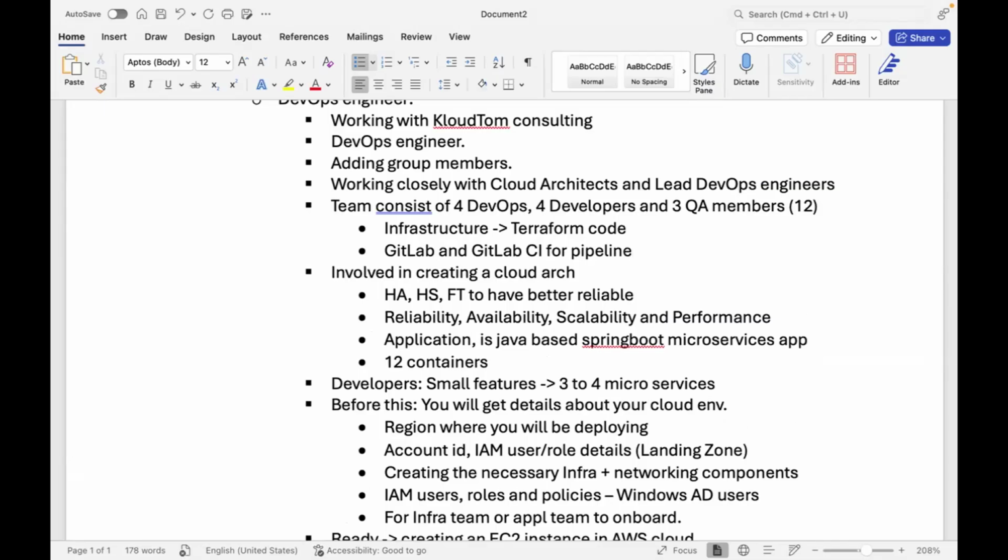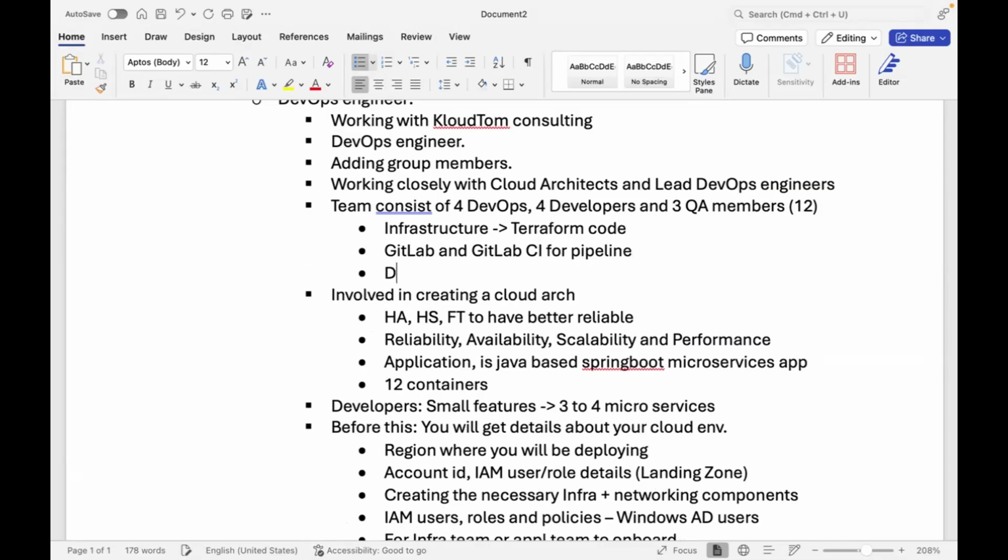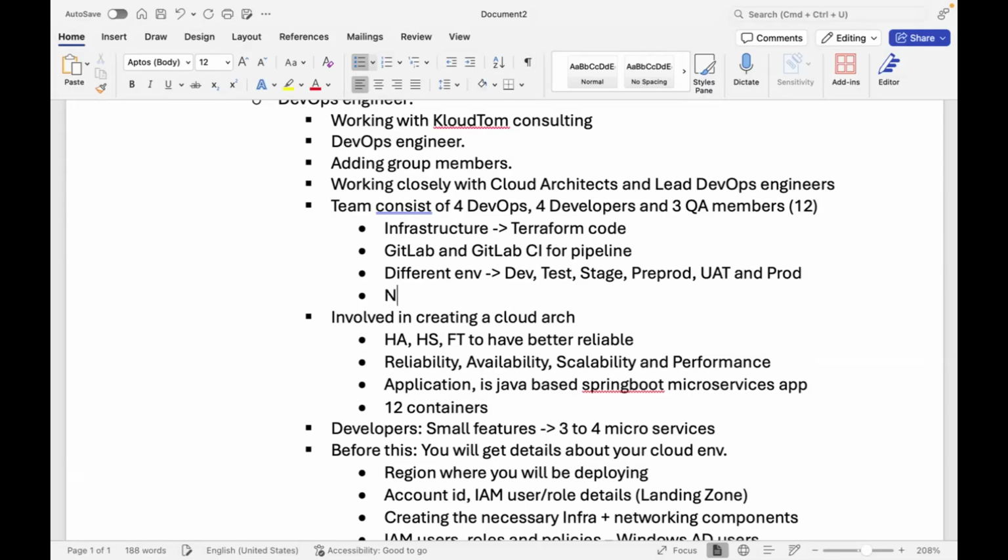Then you should talk about different environments being created, like dev, test, stage, pre-prod, UAT, and prod. And here there is a non-prod account.